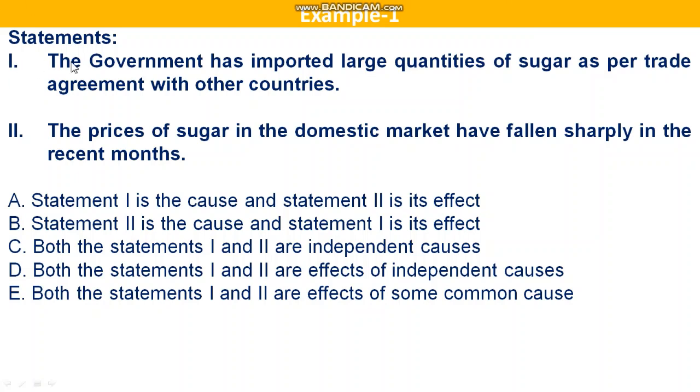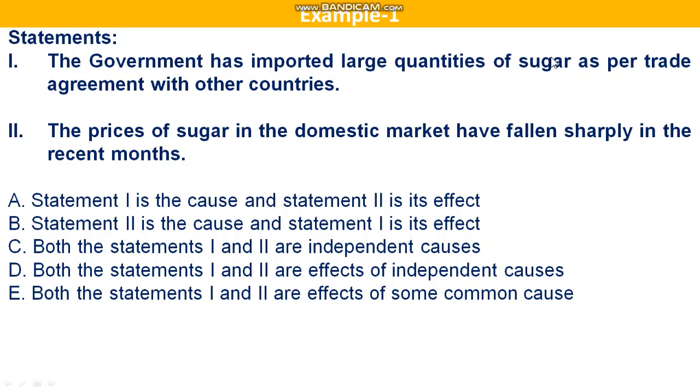Number 1, the government has imported large quantities of sugar as per trade agreement with other countries. So there is an import as per statement number 1. Number 2, the prices of sugar in the domestic market have fallen sharply in the recent month. Now, which is the cause and which is its effect?